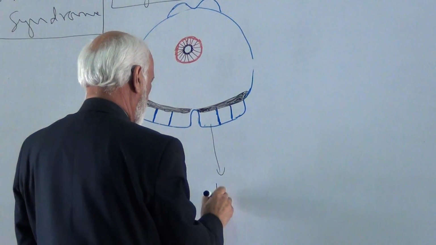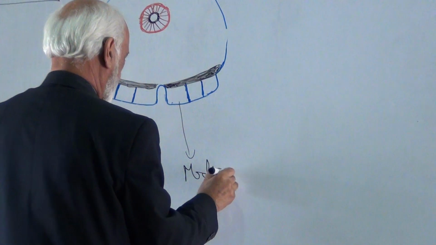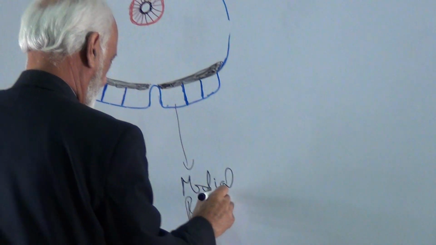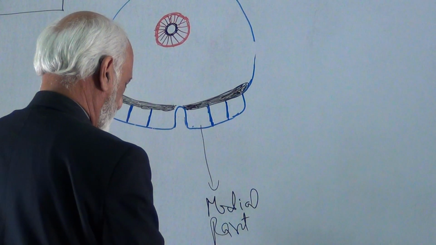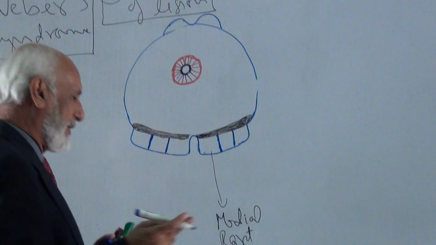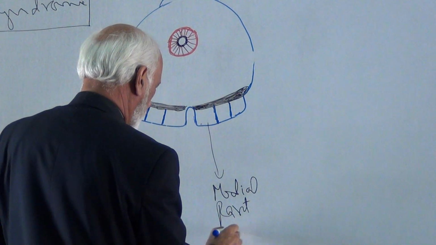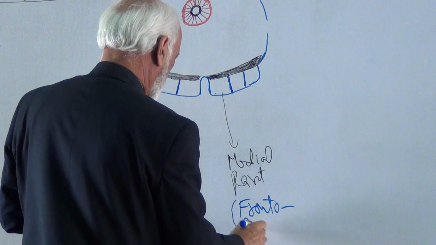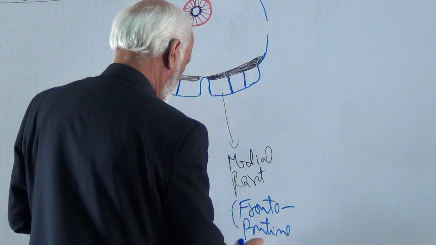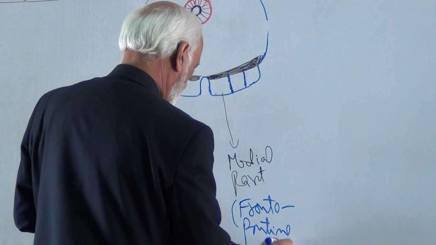The medial part of the crus cerebri is occupied by descending tracts, that is the frontopontine tract.